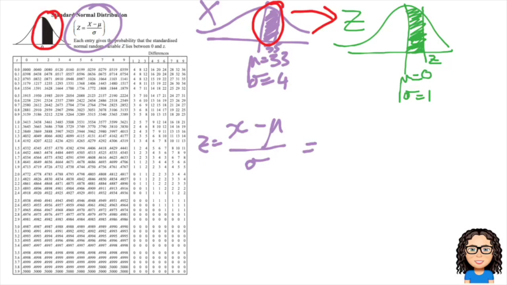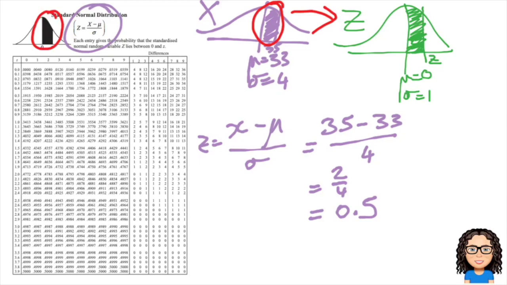My X value is this value of 35. So 35, take away the mean, that's 33, divided by the standard deviation, that's 4. 35 take away 33 is 2. 2 divided by 4 as a decimal is 0.5.